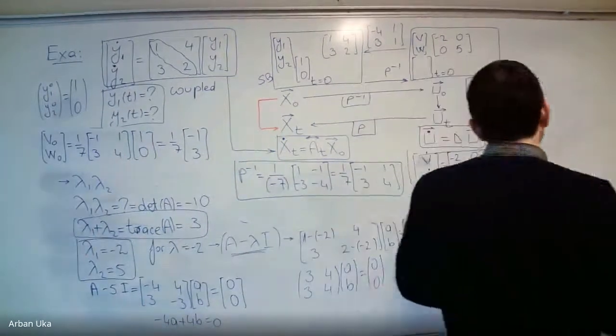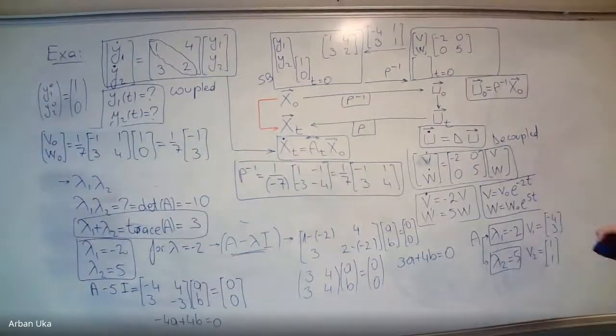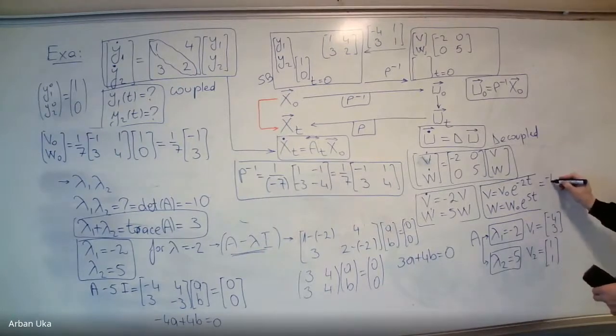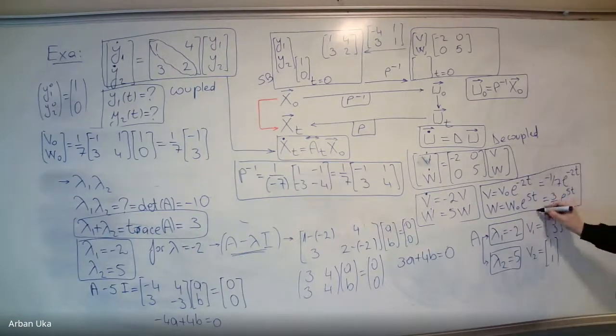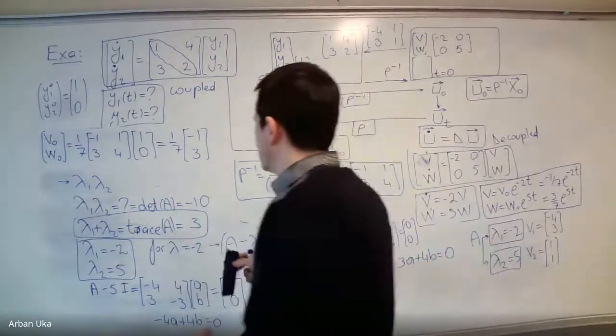So here we can say that V is equal to, what is V0? Minus 1/7 e to the power minus 2t, and W was equal to 3/7 times e to the power 5t.